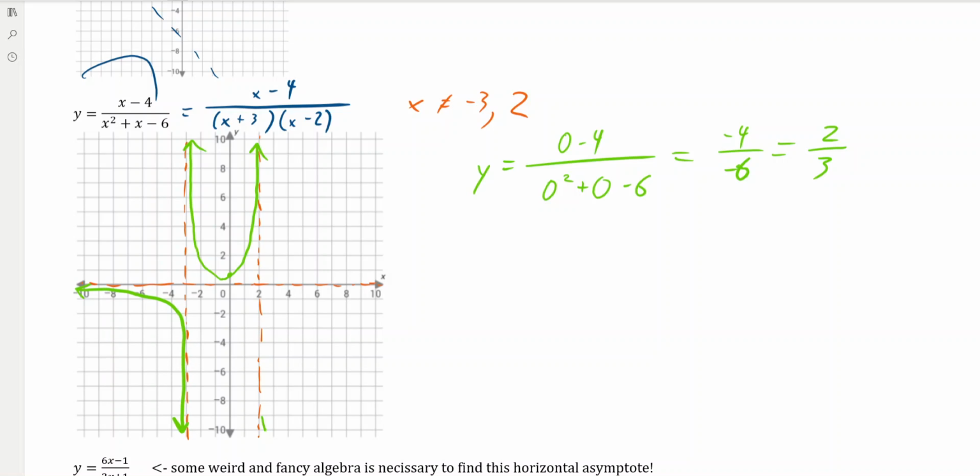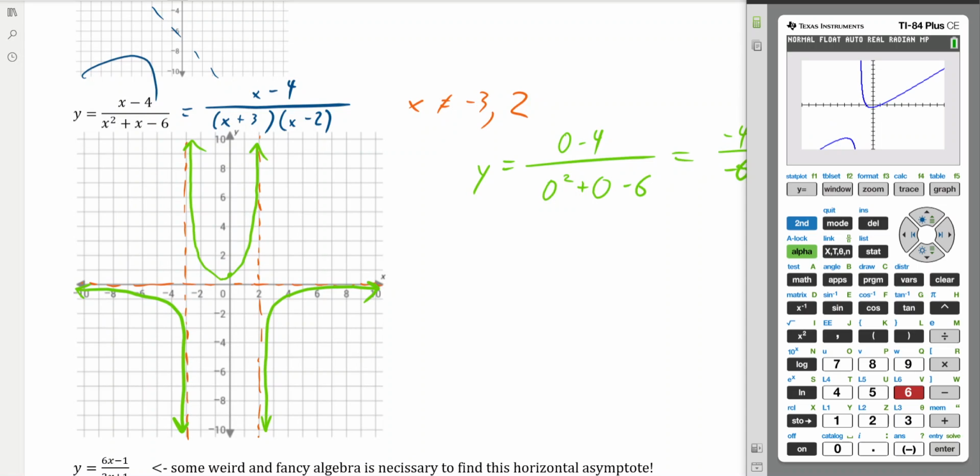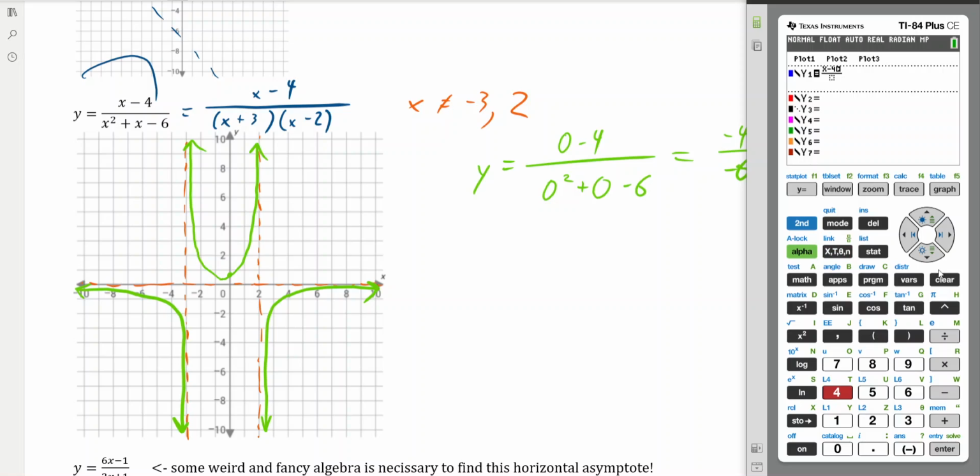Again, it does not need to be perfect. It's just showing roughly what it's going to look like. So let's show it on the graph here, on the graphing calculator, so you guys can actually see it and make sure that it looks correct.